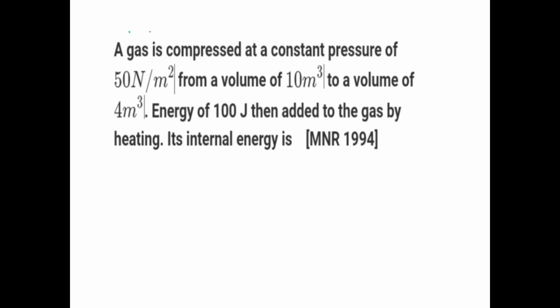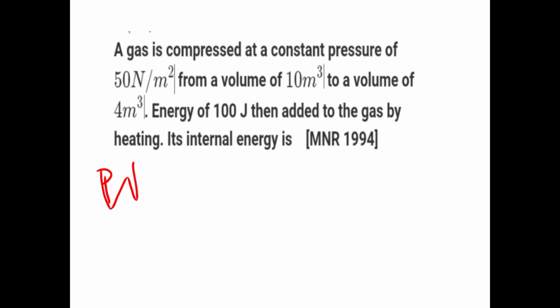I want to let you know this: the work can either be for compression or expansion. If it is compression, it means work is done on the system. If it is expansion, it means that work is done by the system. A gas is compressed at a constant pressure of 50 newtons per meter square. So my P is 50.